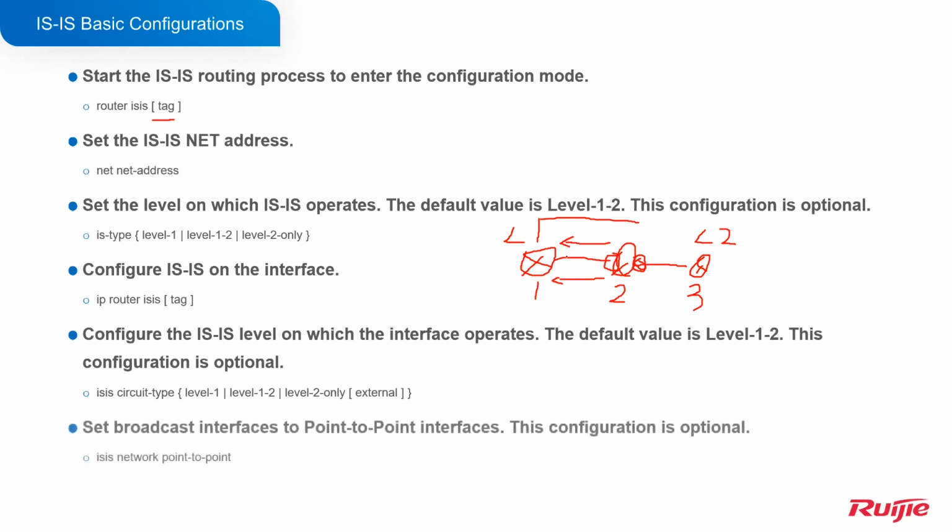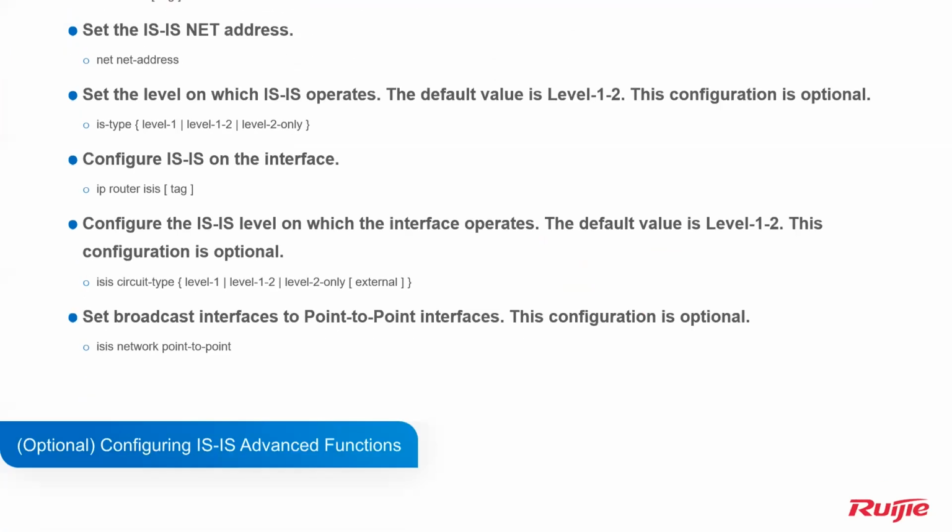Okay. And another one is you can change the network type. For example, if your physical interface only connects with one router, although this interface maybe is a broadcast interface, you can change the type to become P2P, okay? And this configuration is optional.